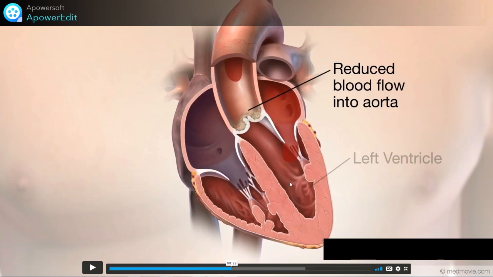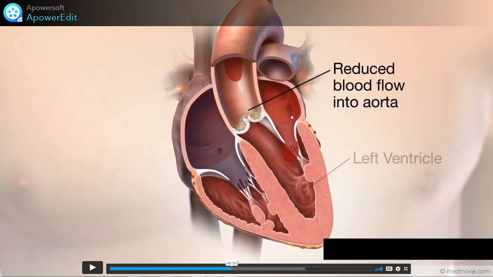At this point, the blood comes from LA to LV, so the blood flow becomes near the probe, and this way the blood flows to the aorta, going away from the probe.